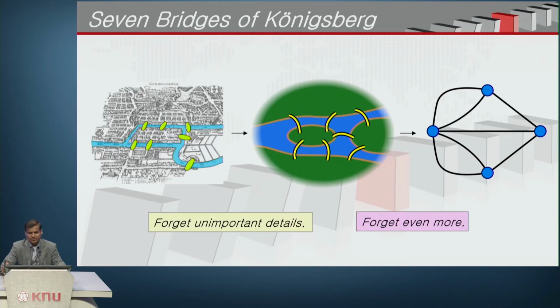As you can see here, all of these 7 bridges are marked as 7 edges, 7 lines in black color. That's the idea, trying to model a system into a graph. Right now we have modeled the 7 bridges of Koenigsberg into a simple graph.